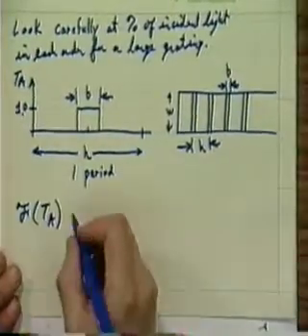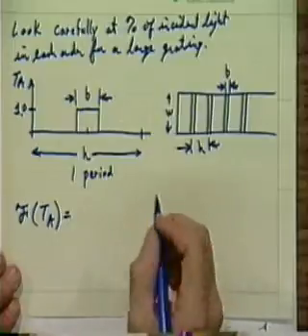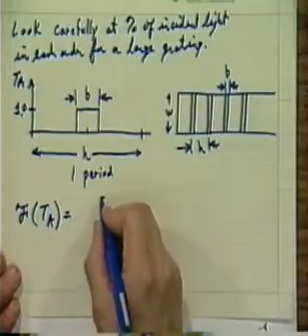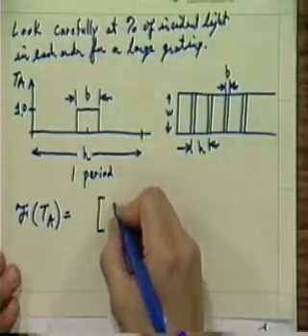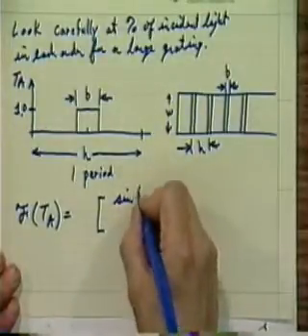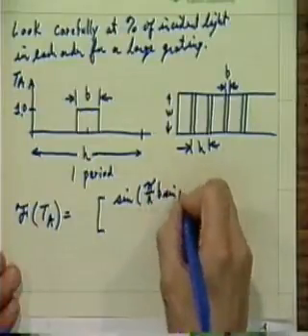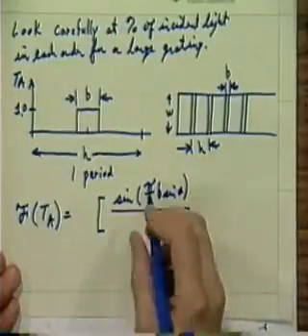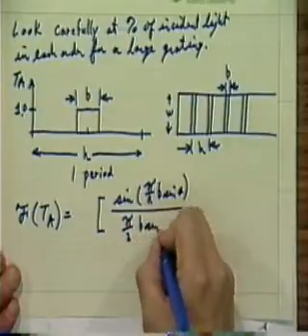And if we take the Fourier transform of this, which we've already done when we looked at the Fraunhofer diffraction, that would be equal to, leave a little space here because I'm going to write something there in a second, the sine of pi over lambda b sine theta divided by pi over lambda b sine theta.